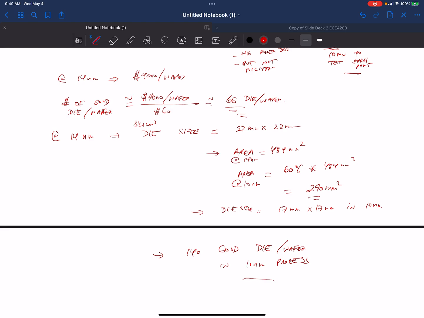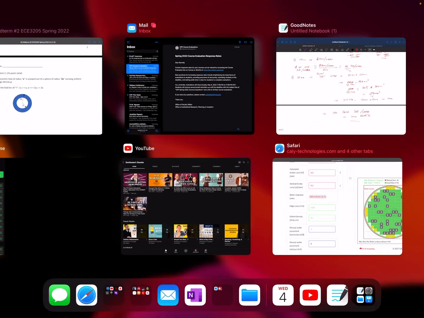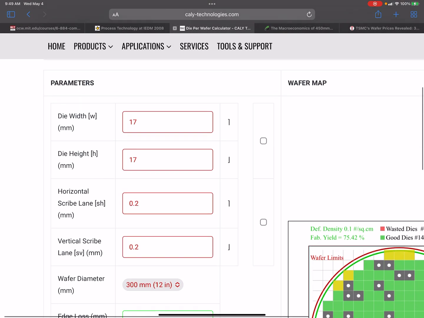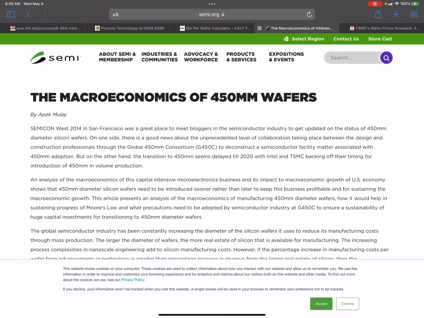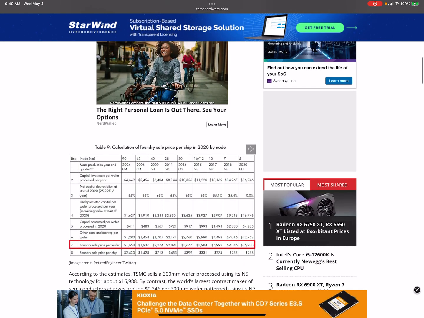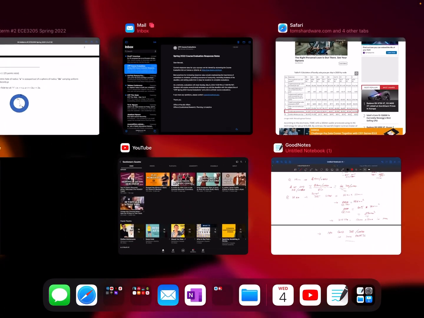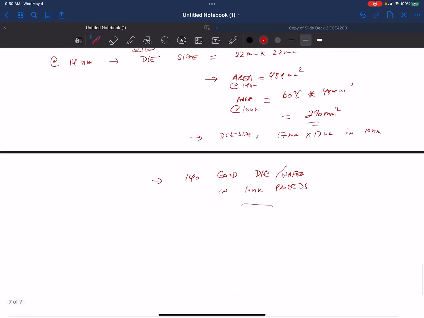And then if you look up what the wafer pricing is for 10 nanometer, it looks like about $6,000. So the wafer price is $6,000 in 10 nanometers.